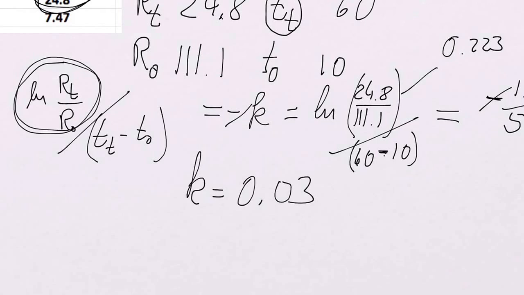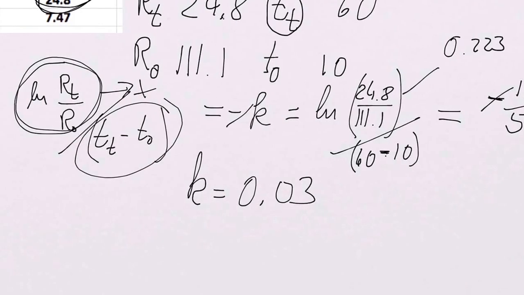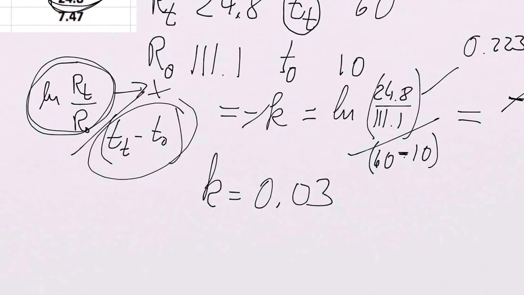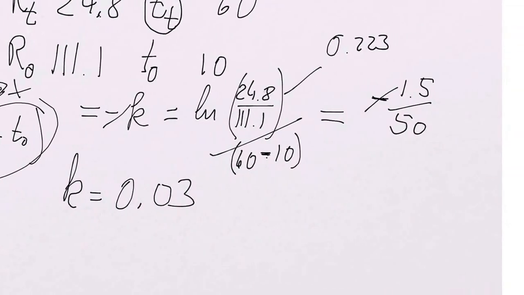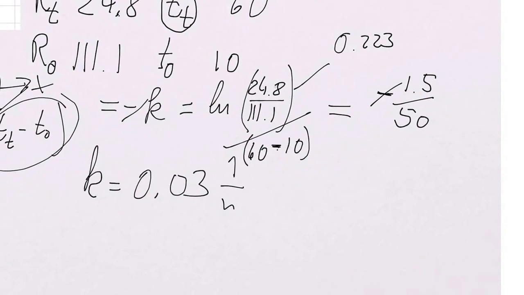No unit. Exactly. What's the unit for time? Minutes, exactly. So we have 1 over minutes. So here, the unit would be 1 over minute. Or, as you rightly say, Janis, it is 0.03 minute to the minus 1.